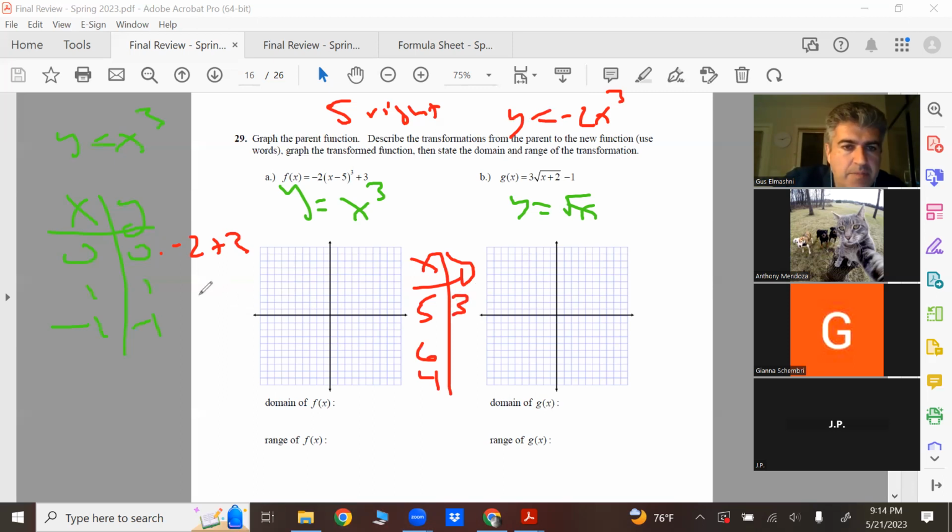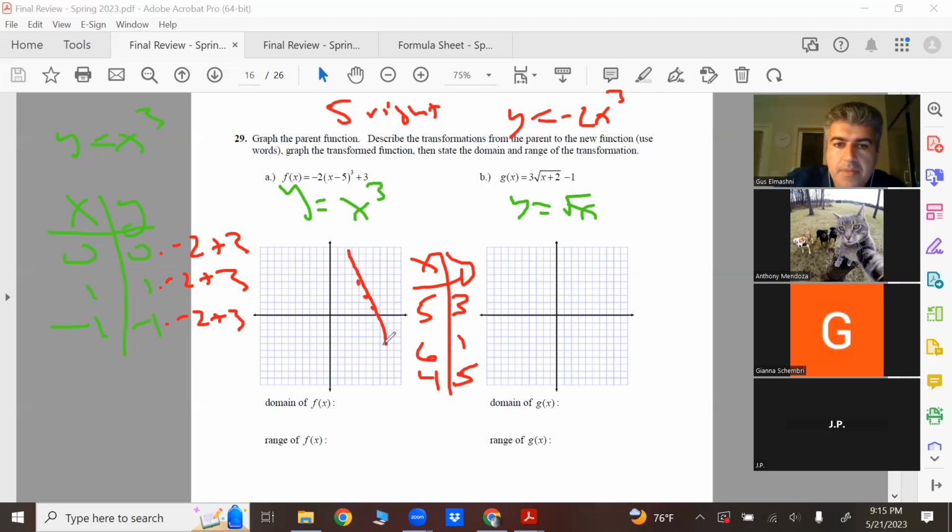That will be 1, I think. And that'll be 5. So that's how you get that: 5, 3 right here, 6, 1 right here, 4, 5 right there. That's how I got those points.